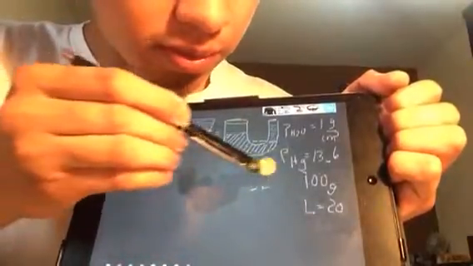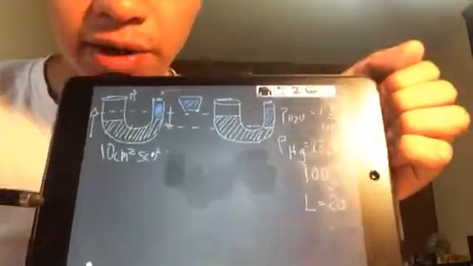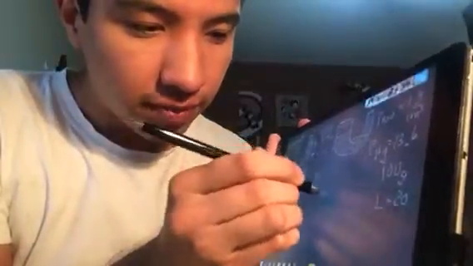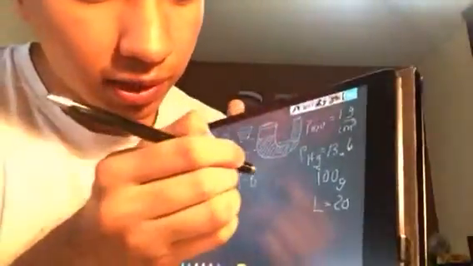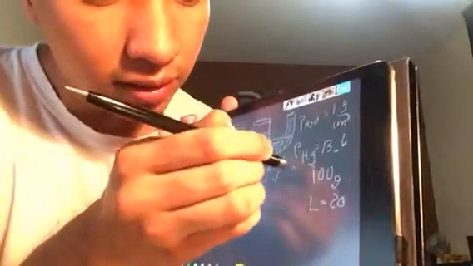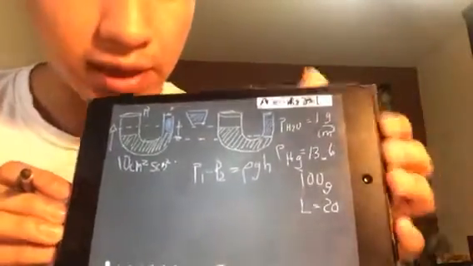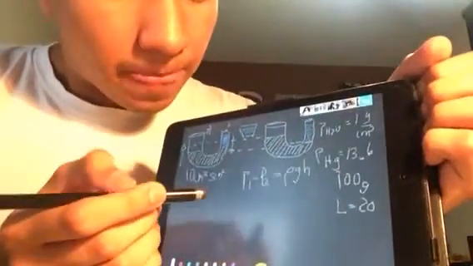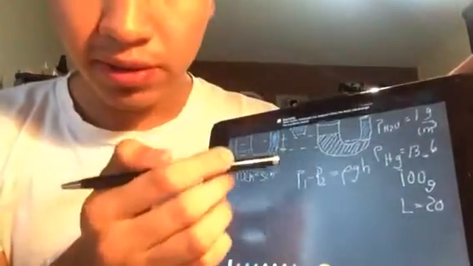Now we have to know the height that the mercury will go up after we add the water, and for that we're going to use Pascal's law, that is going to be P1 minus P2 equal to rho g h. We have this law that is from Pascal. Here we're going to have different pressures.